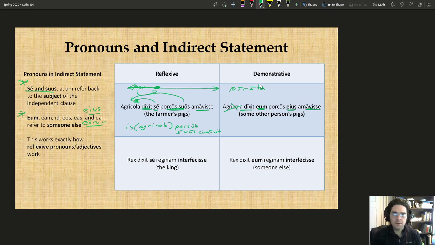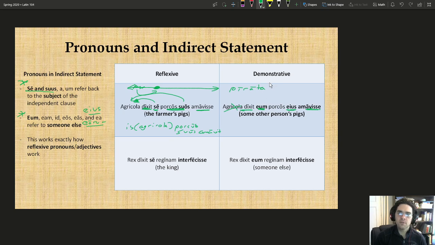So this is really the sort of main difference between these two statements. Se and suus always refer back to the subject of the independent statement outside of indirect statement, whereas eum, eius, eorum, all of these different forms, they always refer to someone else. It isn't necessarily the person who's doing the speaking, but it's someone else that isn't necessarily named.